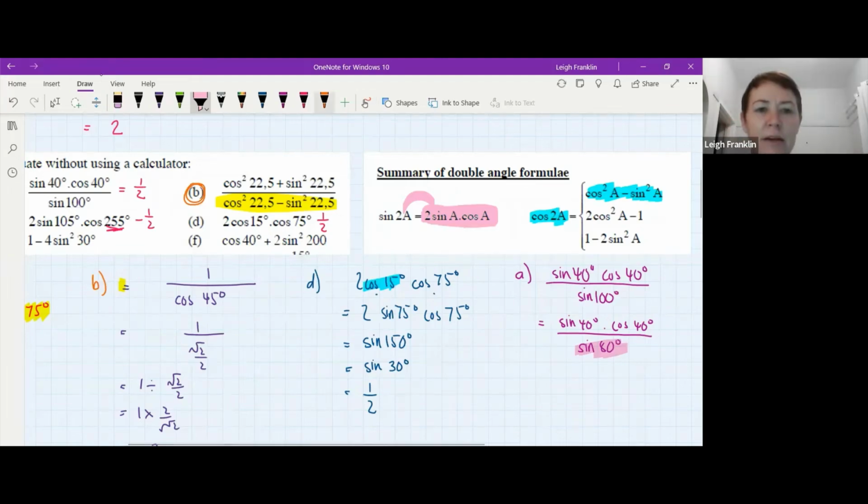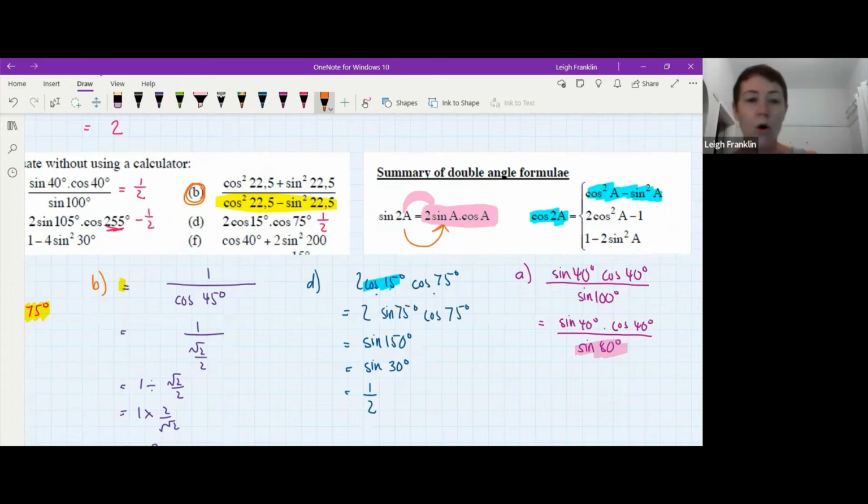Can you see how we are going back the other way? It's always from the one to the other and then back again. Either they give us the right-hand side and we do the reversal of the expansion, or we've been given the left-hand side and we need to expand it. It's a fluid movement backwards and forwards between the two.